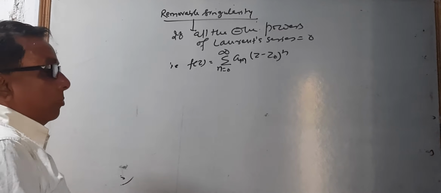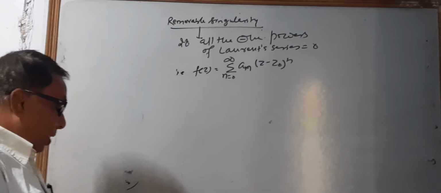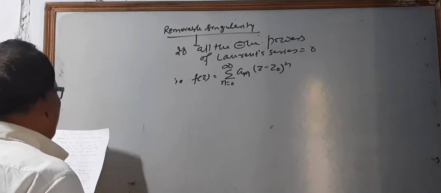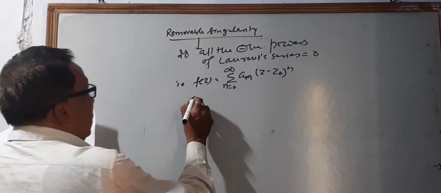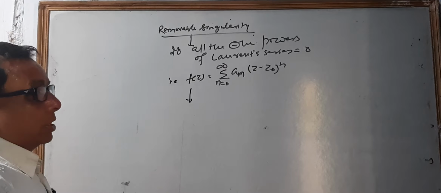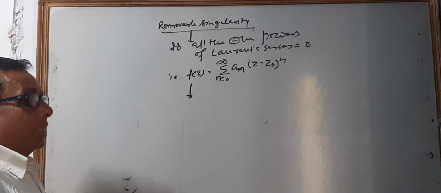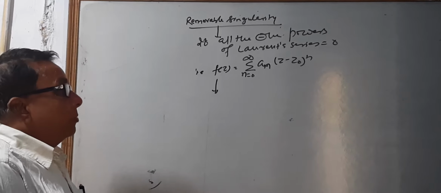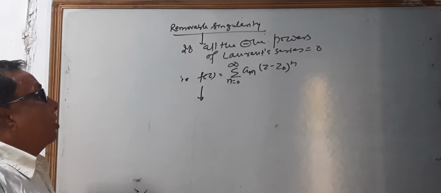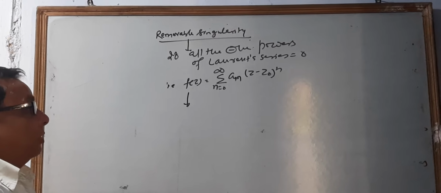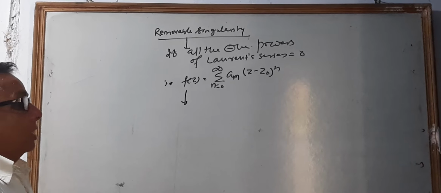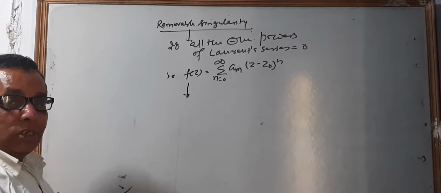This type of singularity is known as removable singularity. That means if you consider the finite number of singularities, then it is called removable singularity. If infinite number of singularities, then it does not exist.